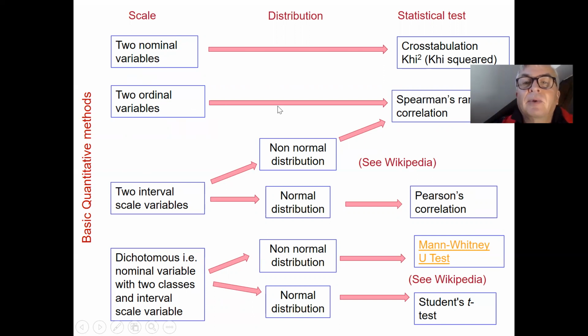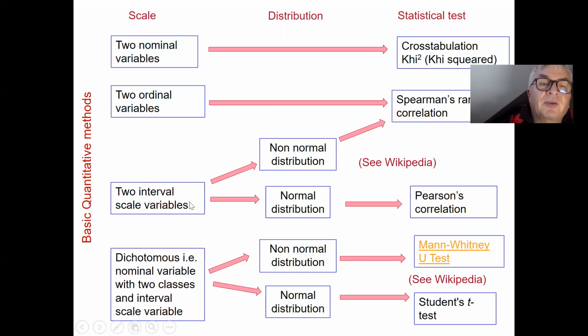Two ordinal variables, you do Spearman's rho correlation. Two interval scale variables like the parents' educational background, you get the Spearman typically.